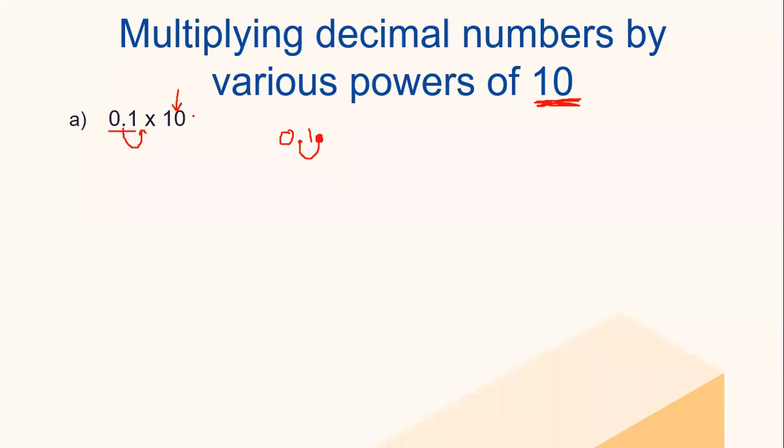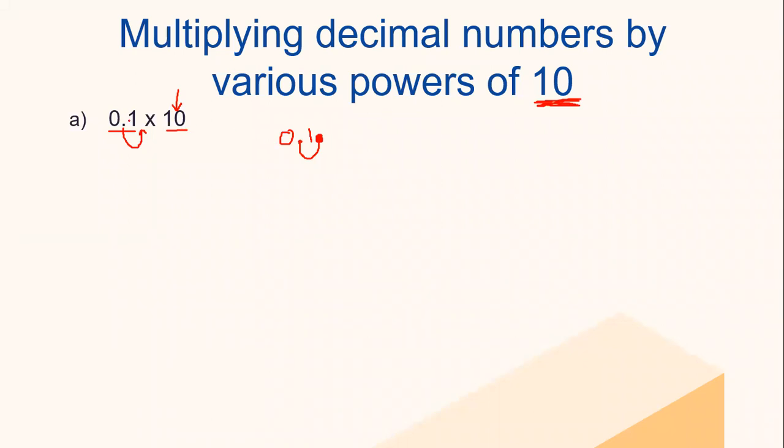If you are multiplying by 10, shift the dot one step. If multiplying by 100, shift the dot two steps to the right. If 1000, shift the dot three steps to the right. That means however many zeros there are in 10, 100 or 1000, shift the dot that many times: one time, two times, three times.